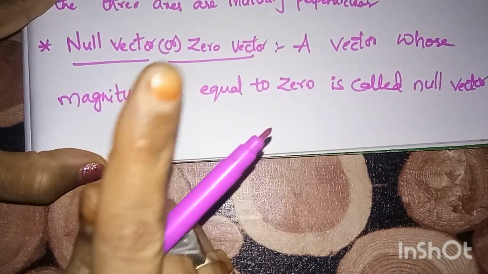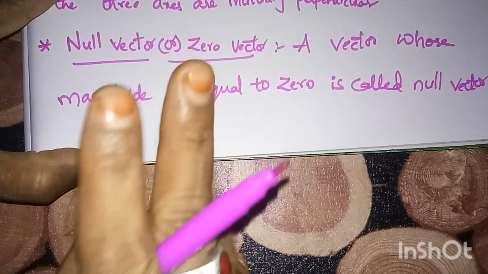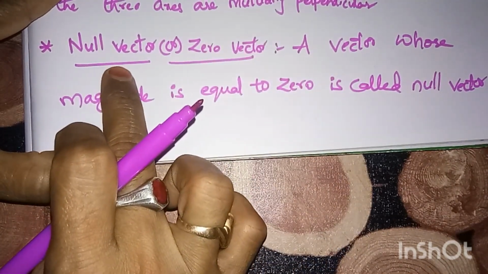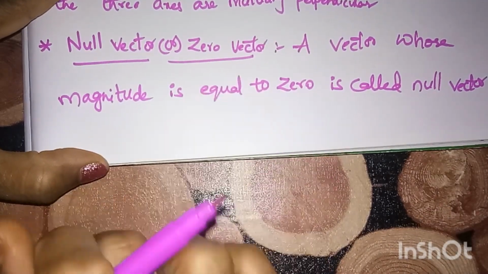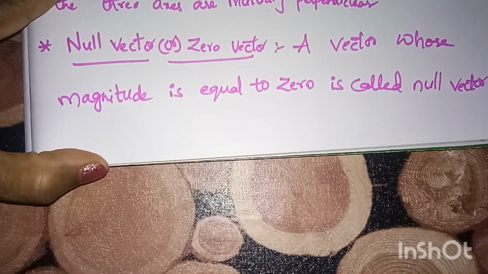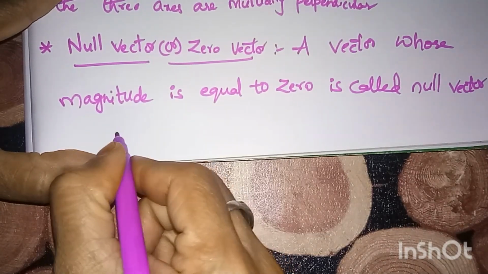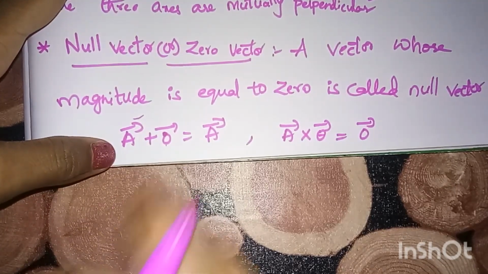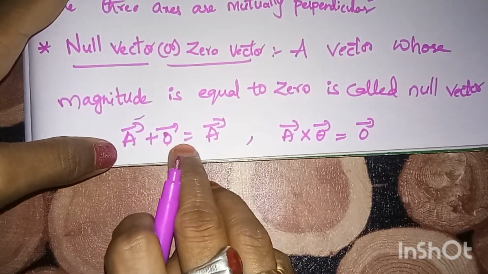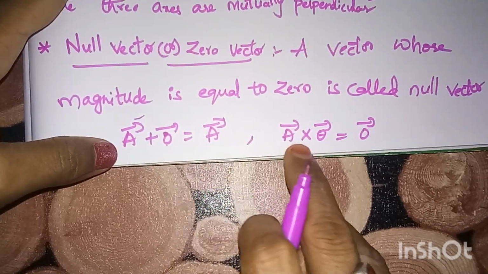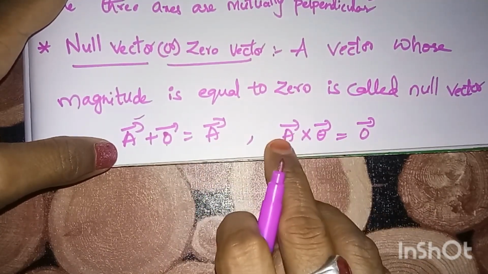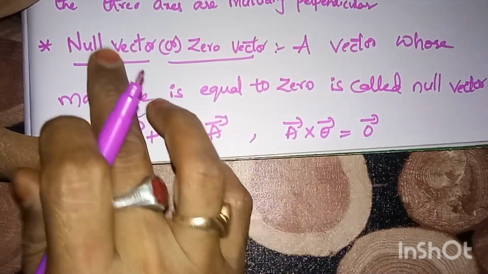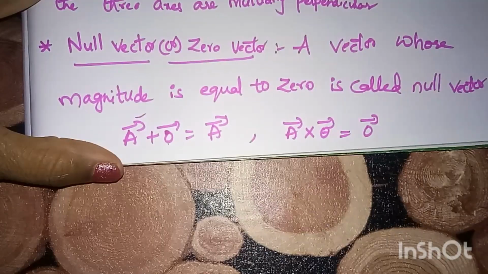So if an object is uniform or stationary or constant or at rest, these are examples of null vectors or zero vectors. Addition of a null vector with any vector gives the same vector. Multiplication of a null vector with any vector gives a null vector. So this is about null vector and unit vector.